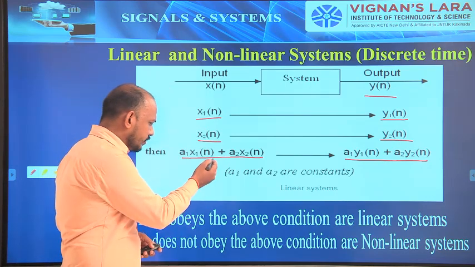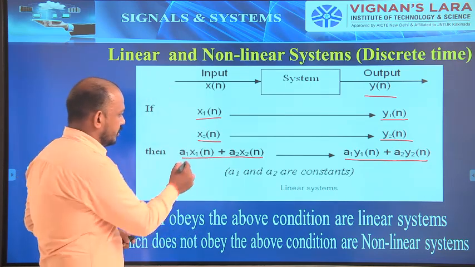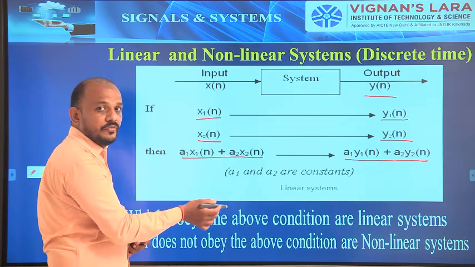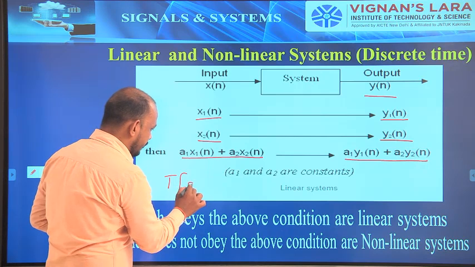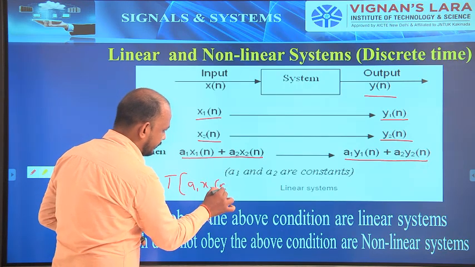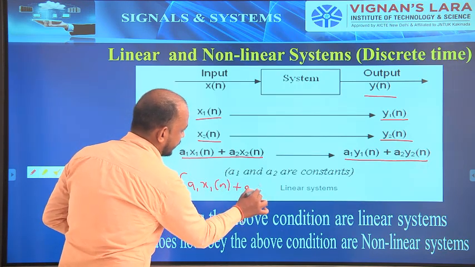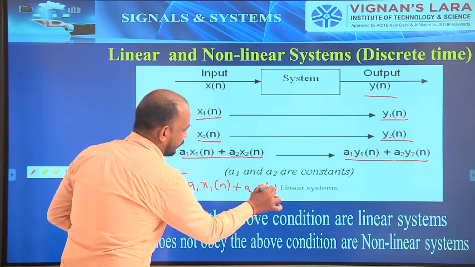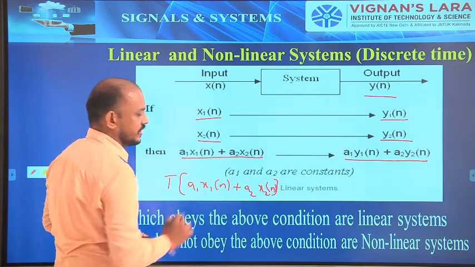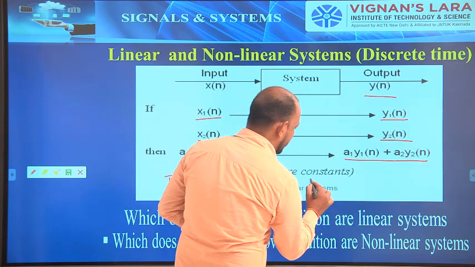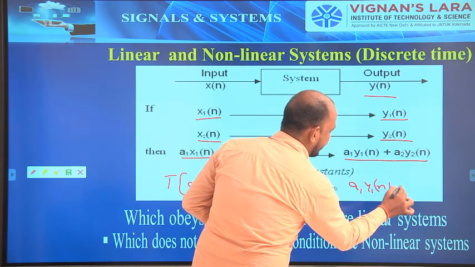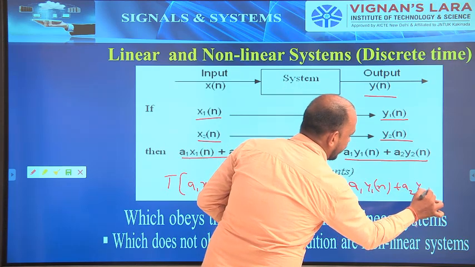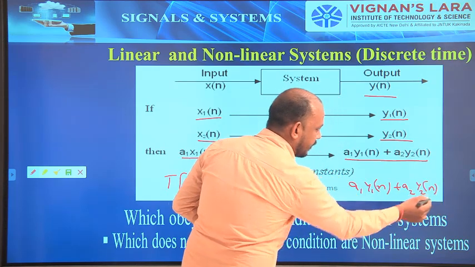Now, we can simply write it in mathematical form also. The output due to the weighted sum of inputs, that is the transformed version of a1 x1 of n plus a2 x2 of n, we have to find out. If that is equal to a1 y1 of n plus a2 y2 of n, that is the weighted sum of outputs.